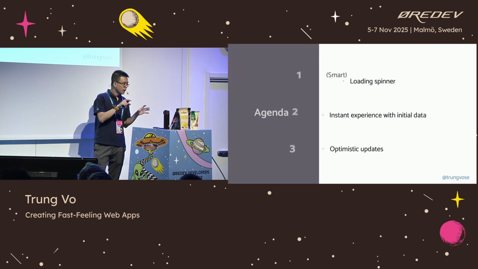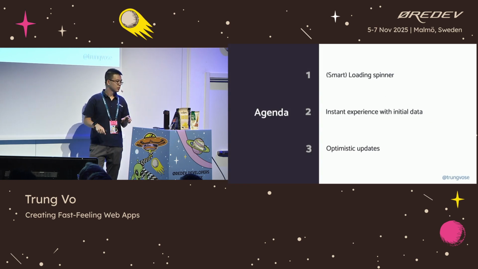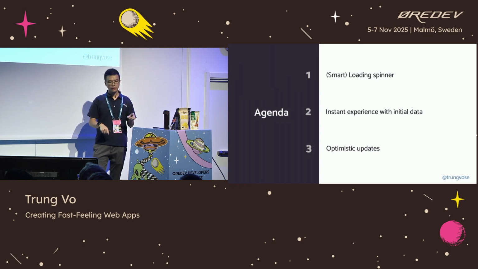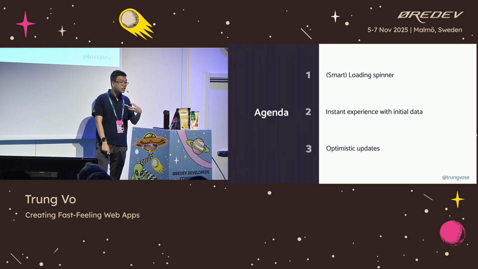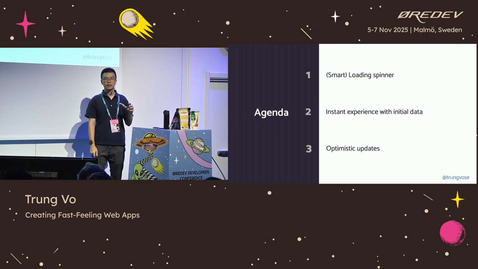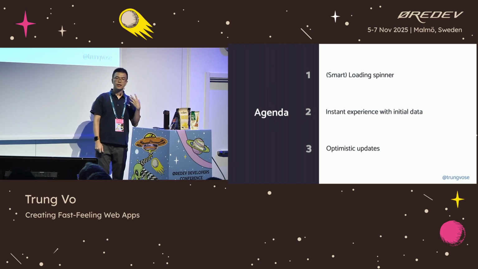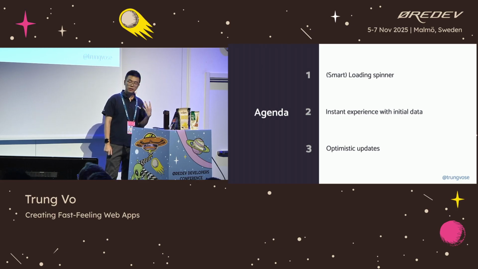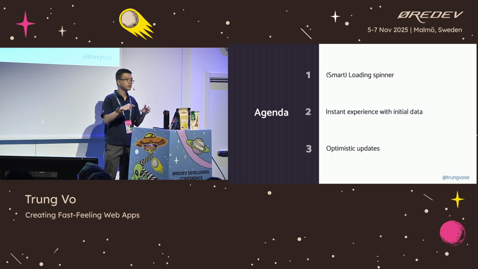So in the next half an hour or so, we will mainly look into 3 techniques: the smarter loading spinner, then instant experience, like using cache, and last, optimistic update, which you can really apply right away after the talk, I hope, and how to make it feel faster without a lot of refactoring.